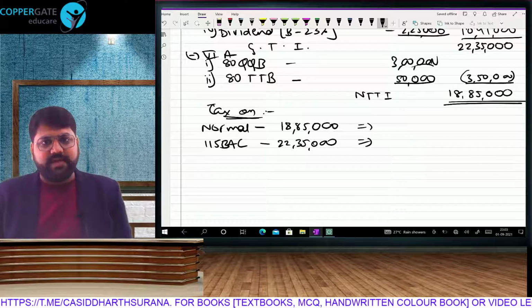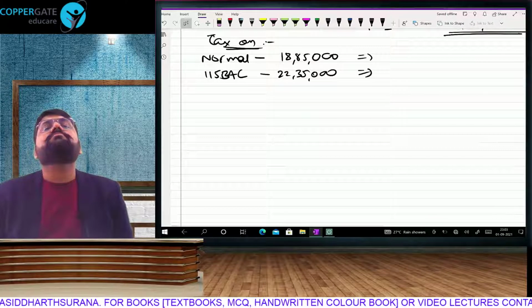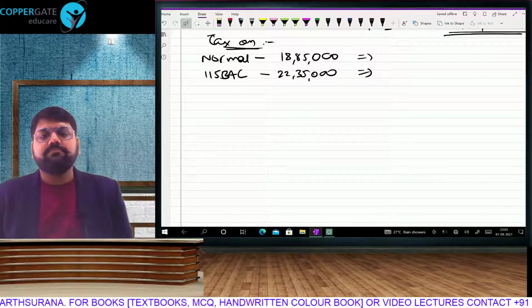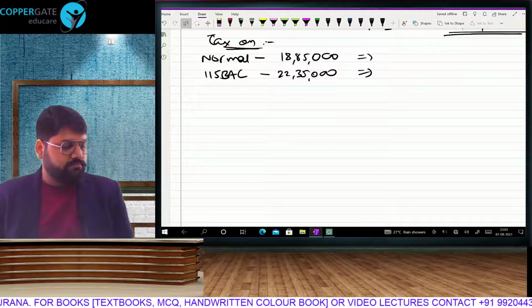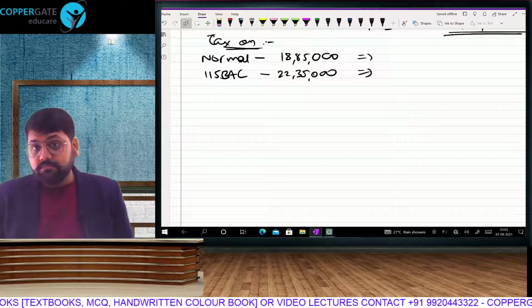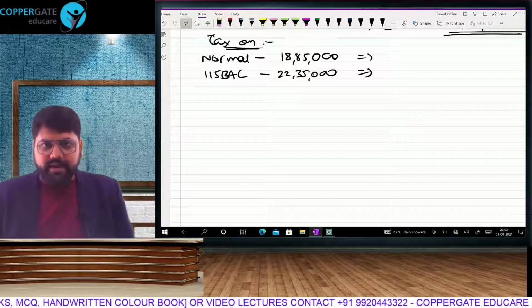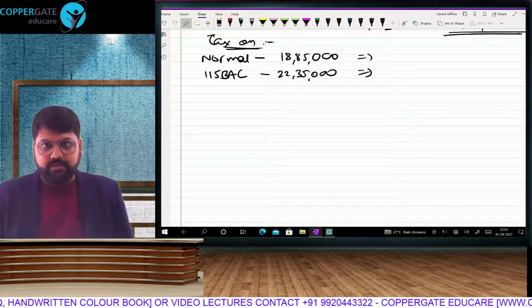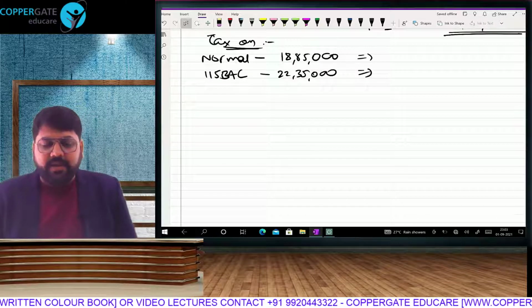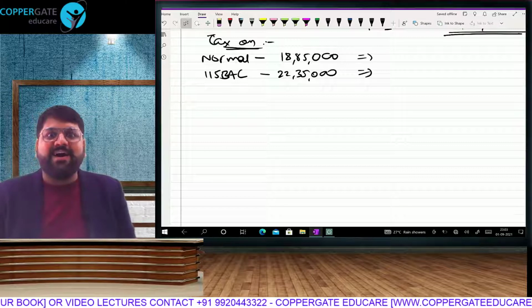Now let's calculate tax on both amounts in the respective regime. 3,95,20. How? 8,85,000 into 30%. Correct? Yes. Plus 1,12,500. No, 1,10,000.